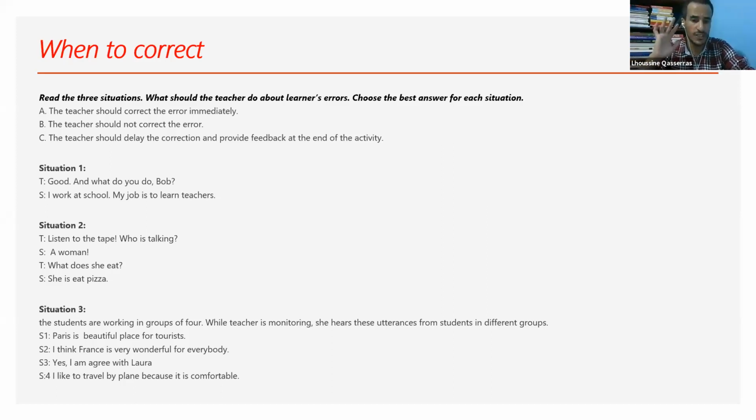Then she heard. Student number 1: Paris is beautiful place. Paris is beautiful place for tourists. Student 2: I think France is very wonderful for everybody. Student 3: Yes, I am agree with Laura. Student 4: I like to travel by plane because it is comfortable. So what do you think?